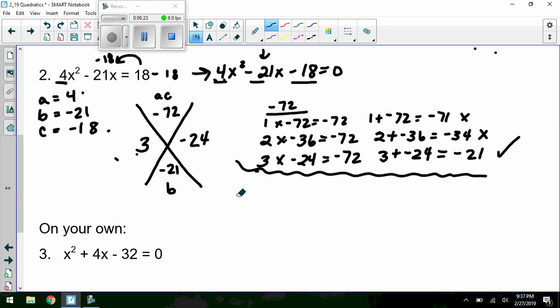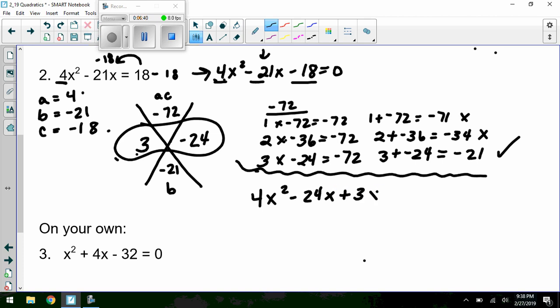My first term stays the same, 4x squared. Instead of minus 21x, I'm going to use these numbers: minus 24x plus 3x. I'm rewriting that middle term, minus 21x, and I still have this minus 18 over here.